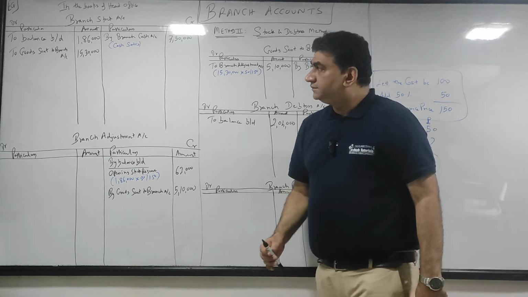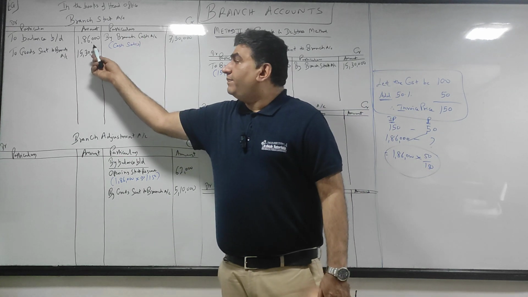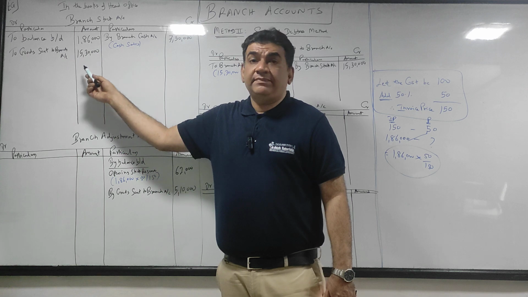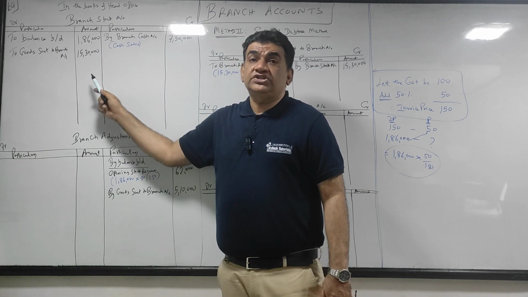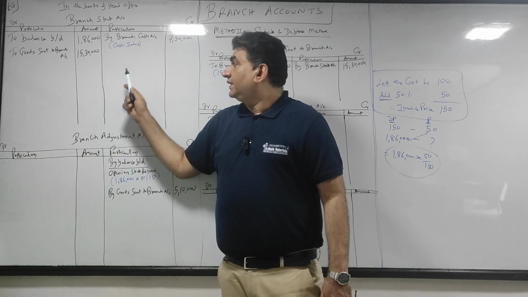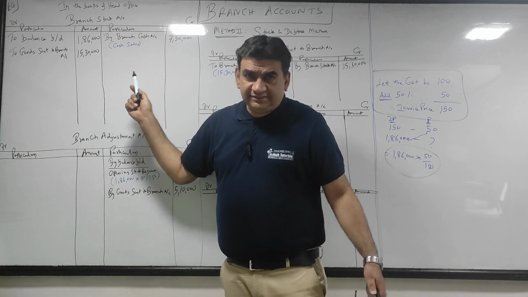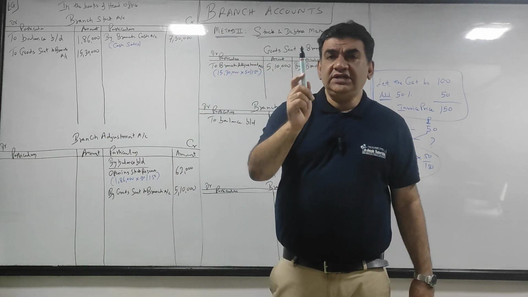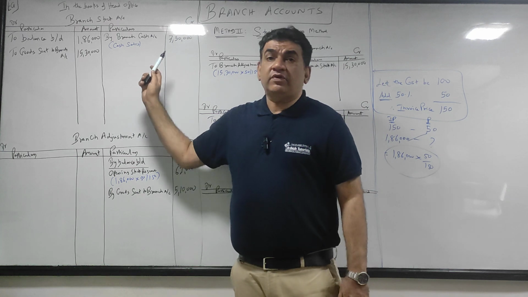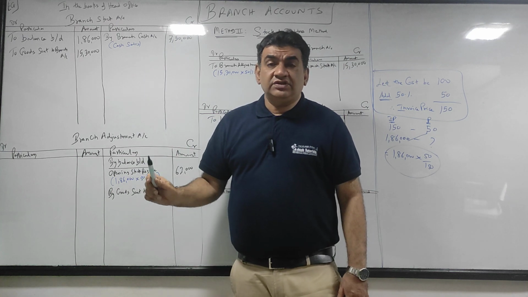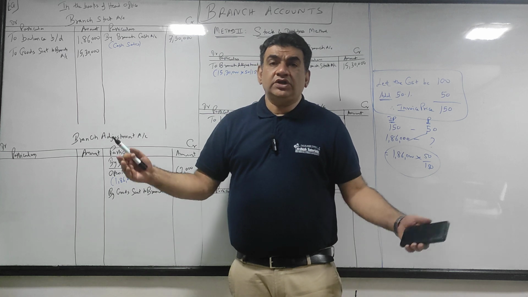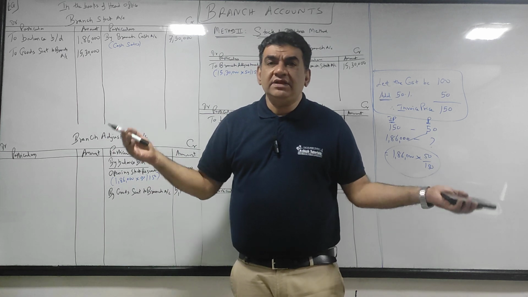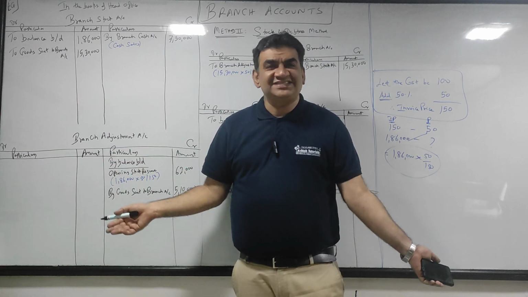Pay attention now. Here we removed profit, and here we removed profit. Why? Because this was opening stock, and this was goods sent to branch. This I have sold. Don't make the mistake of removing profit from sales. Because if you remove profit from the goods sold, what have you earned, why are you doing the business then? There is no point of doing business.